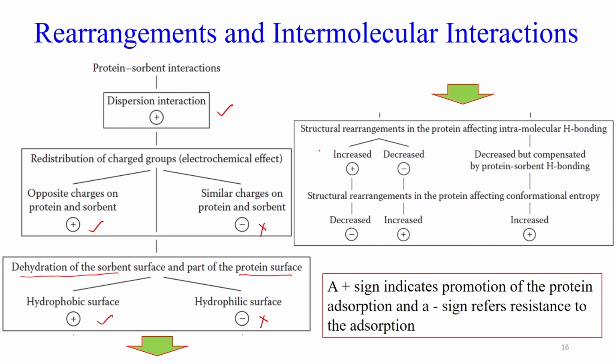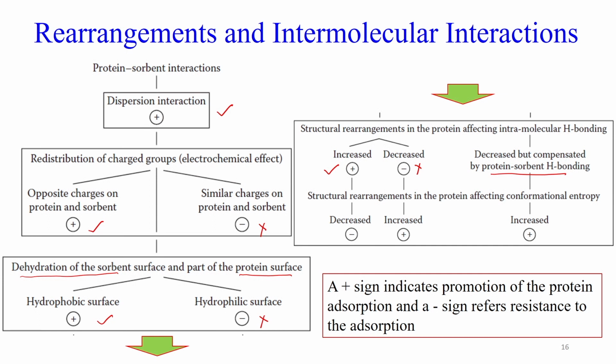If there is formation of hydrogen bonds with the surface, it will promote the adsorbed mass. If there is no increase in hydrogen bonds, or the intramolecular hydrogen bonds are intact, then this will not promote the adsorption process. Similarly, there may be formation of hydrogen bonds between the surface and the protein.